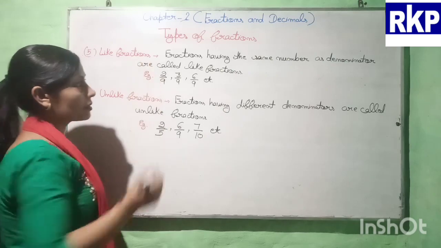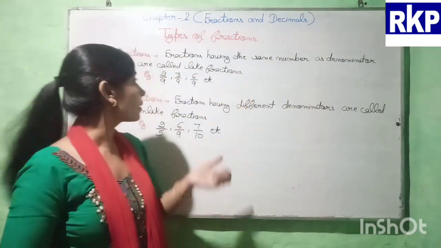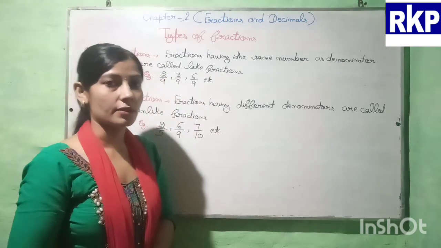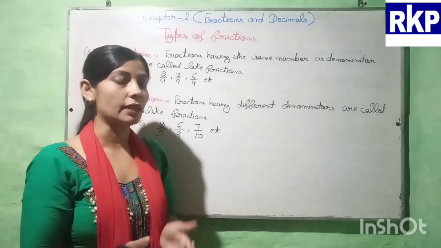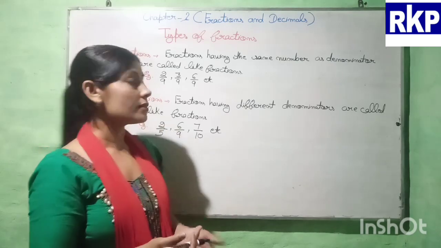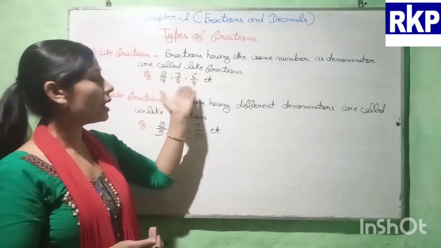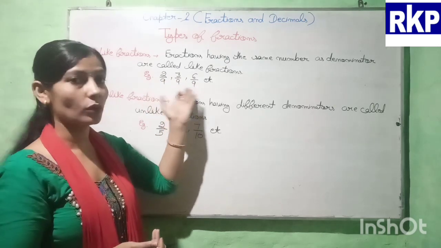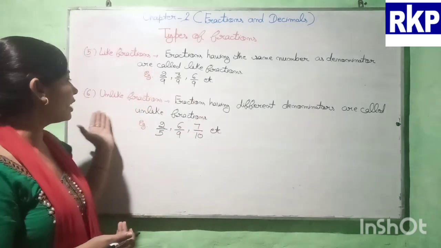Next is like fractions. Fractions having the same number as denominator are called like fractions. For example, 2/9, 3/9, 6/9, these all have the same denominator, so these are like fractions. Now next is unlike fractions.